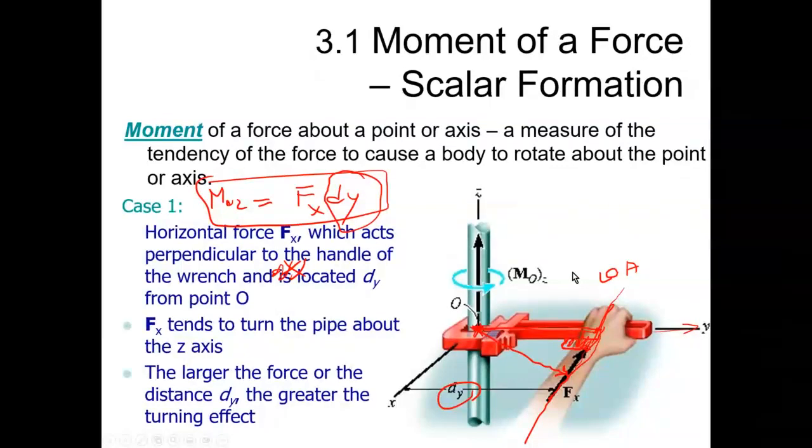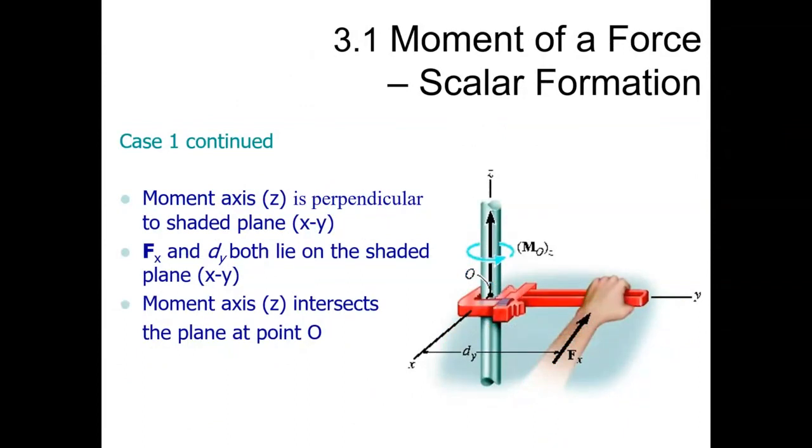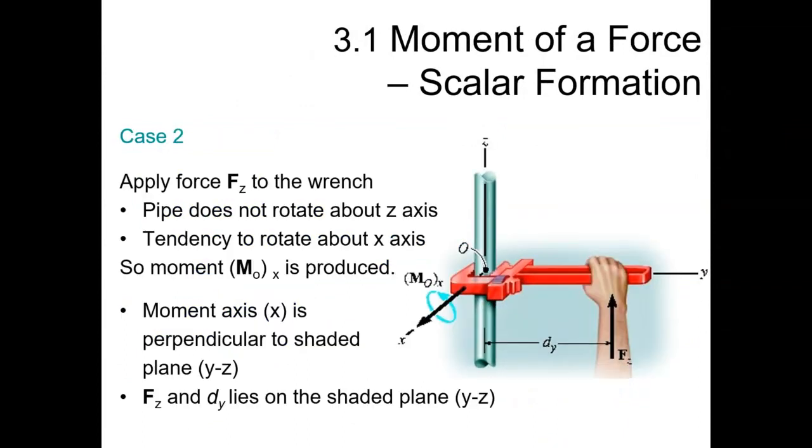All right, now the very same plumber is trying to rotate the pipe, but then mistakenly they applied the force parallel to the z-axis about point O. So what's going to happen here? Here, the pipe would not rotate. The pipe would bend, right?